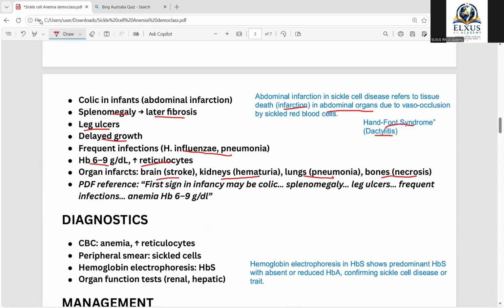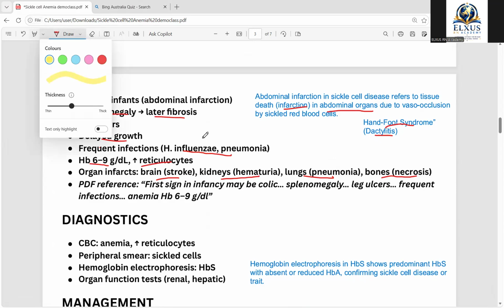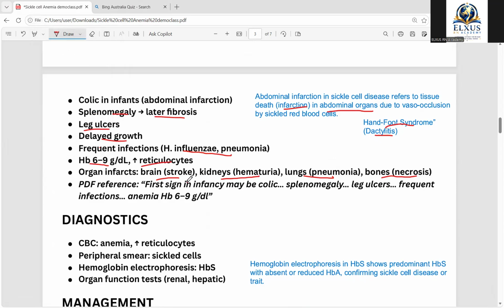These are the important points of the signs and symptoms of sickle cell anemia. What are they? Colic, splenomegaly, leg ulcer, frequent infection, anemia, and the other one, hand-foot syndrome, and the complication is osteomyelitis.